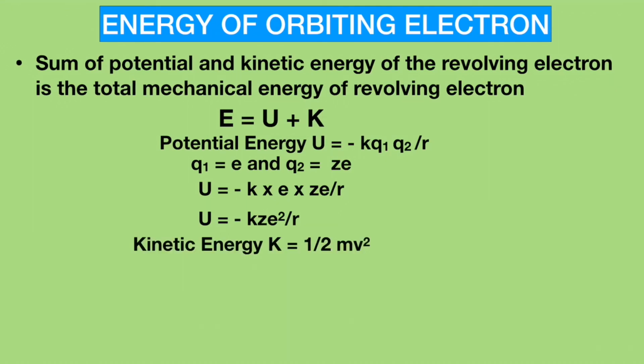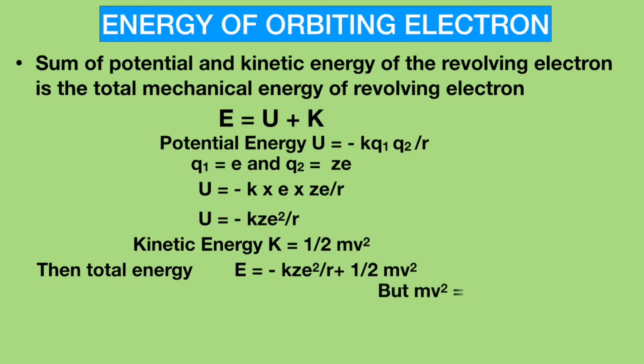Likewise, we can find kinetic energy also. Kinetic energy is K = ½mv². Then total energy E = -kZe²/r + ½mv². Now we replace mv², and mv² = kZe²/r, as we discussed in the same lecture.